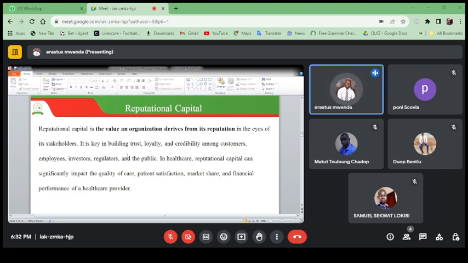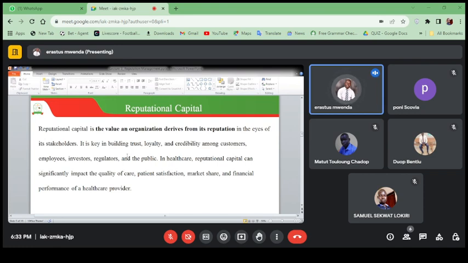Now, we have something we call reputation capital. This simply means the value that an organization derives from its reputation in the eyes of its stakeholders. So if you are doing everything right in terms of reputation, then you gain what we call reputation capital.